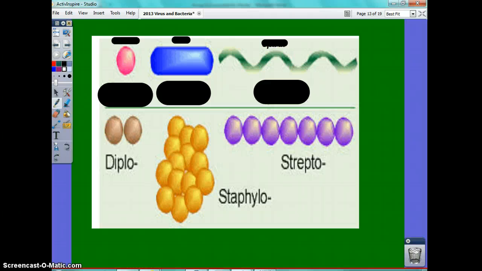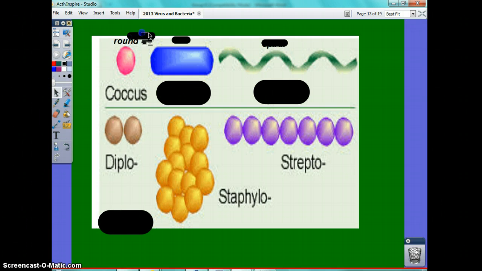Depending on the shape of bacteria, the name is usually linked to the shape. So, who could recognize any of these shapes in terms of their bacteria? The circle ones, like the cocci. Good. The circle shape. And we know that Streptococcus is a round-shaped bacteria. Who could recognize the next shape?